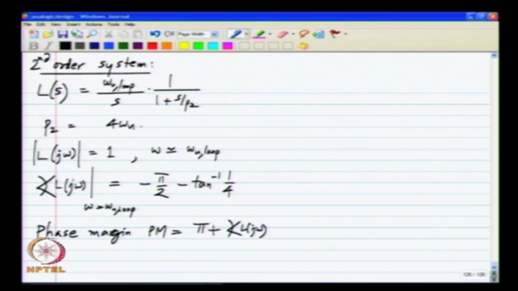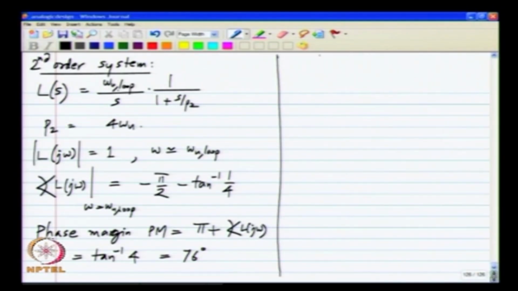So, this tells you how far you are away from the critical point of minus 1, 0 in the Nyquist plot. This gives a measure of how far away you are from that, and this is equal to tan inverse of 4, and this corresponds to a phase margin of 76 degrees. This we have already seen.